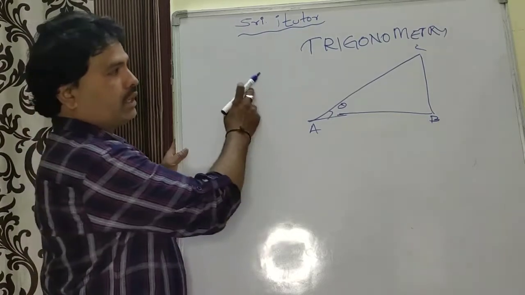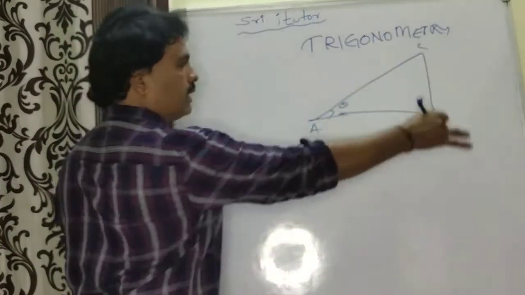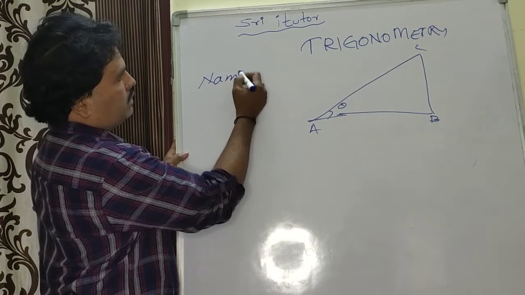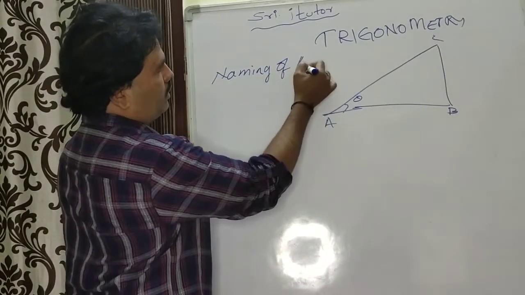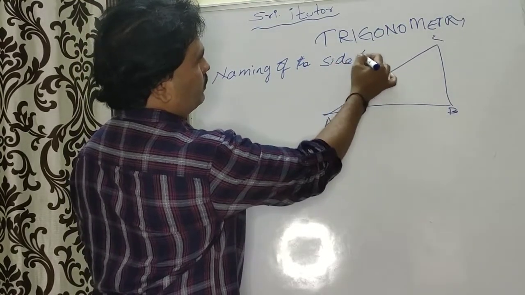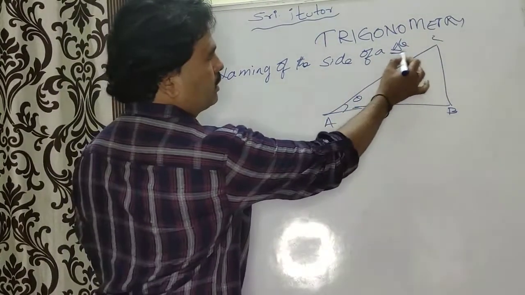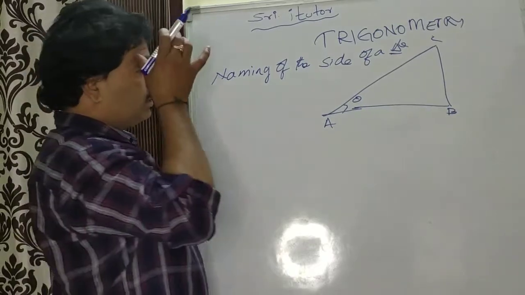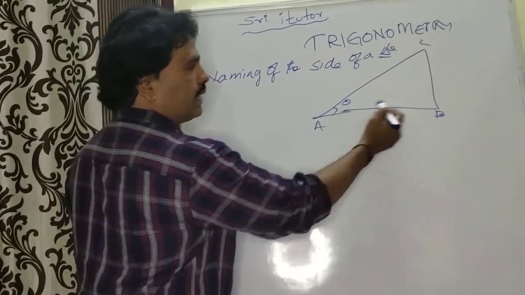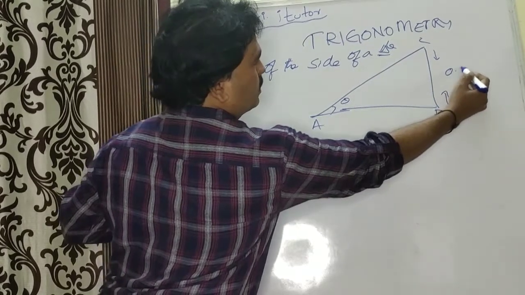Now I am going to explain about the naming of the sides of a triangle. Every triangle has some names. In this right angle triangle, this is called the theta angle. Always the side opposite to this angle we call the opposite side.